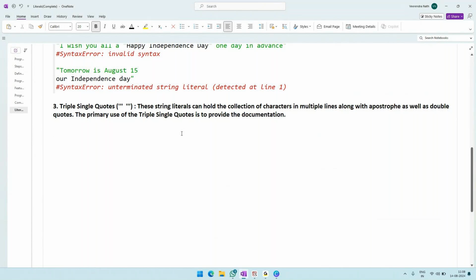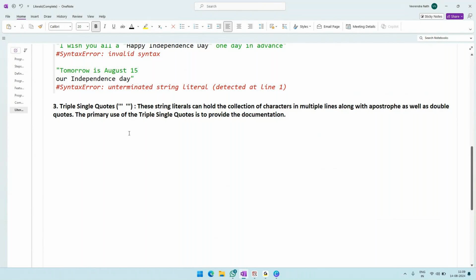The main purpose of these is to provide documentation, whenever I say documentation, it means documentation on a particular piece of code. We'll be using documentation later in our course.